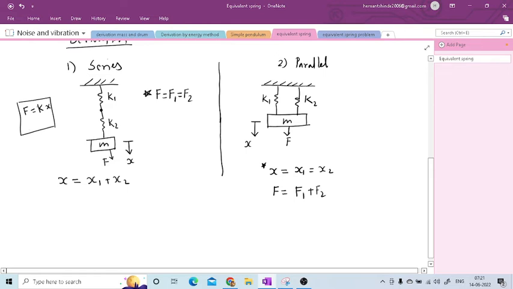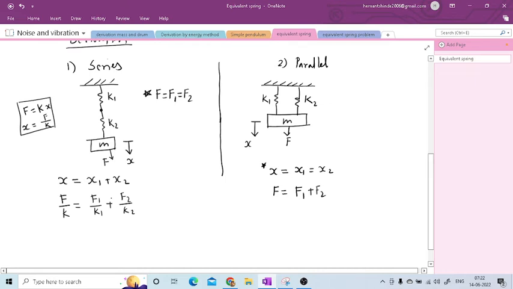From this, X will be equal to F divided by K. So X1 will be F1 divided by K1, and X2 will be F2 divided by K2.